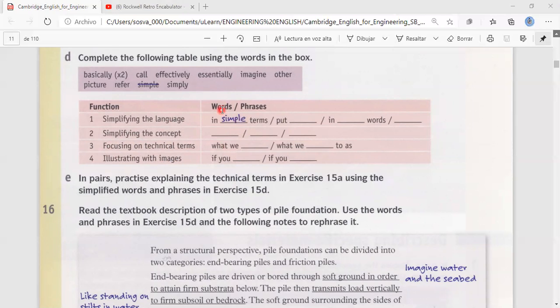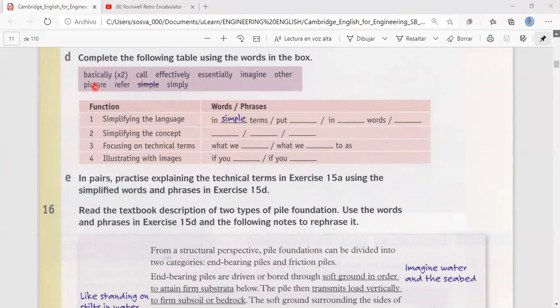So we have the phrases or words that you can use to give the introduction to that part. I mean, how would you start explaining, well, simplifying the language? Oh, in simple terms. All of these are phrases that Richard used during his explanation.